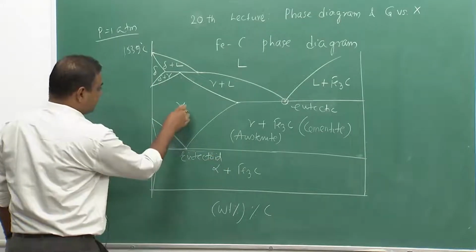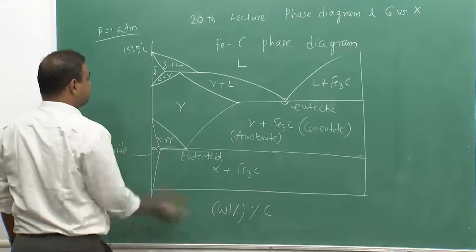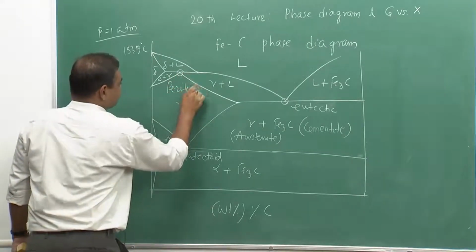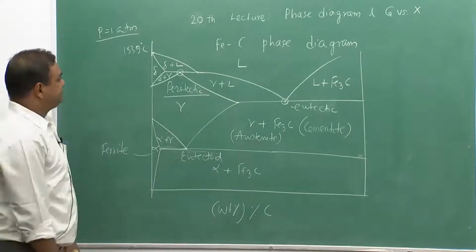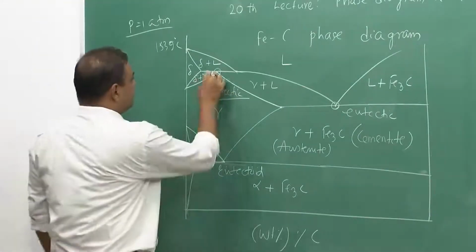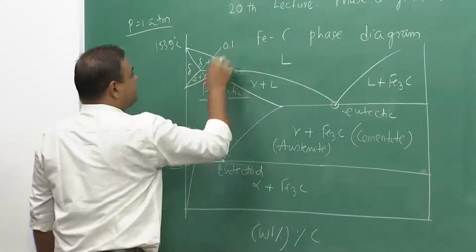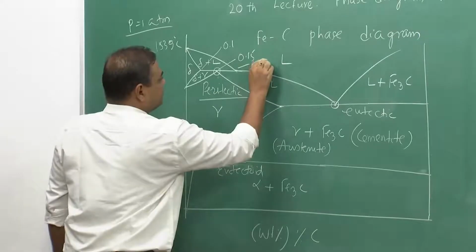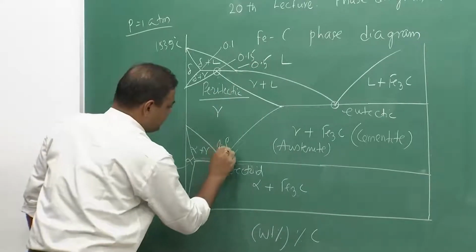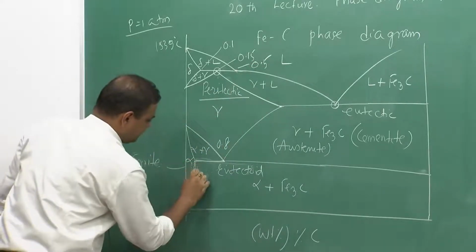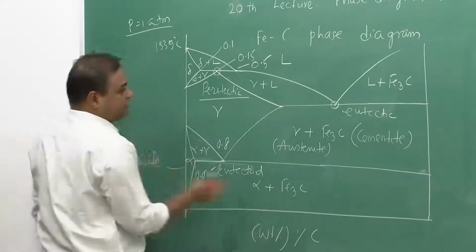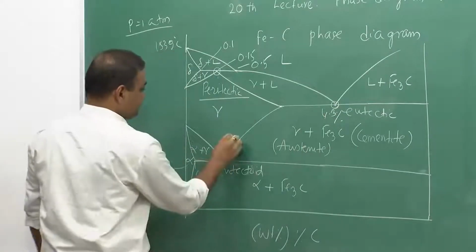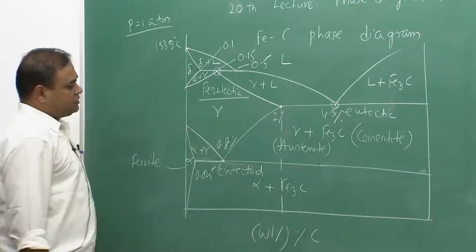So, in the solid, gamma converting to alpha plus Fe3C, this is eutectoid, and this is peritectic. And this composition is 0.1, this is 0.15, this is 0.5, this is 0.8, this is 0.025, this is 4.3% carbon. These are all percentages, and this is around 2%.